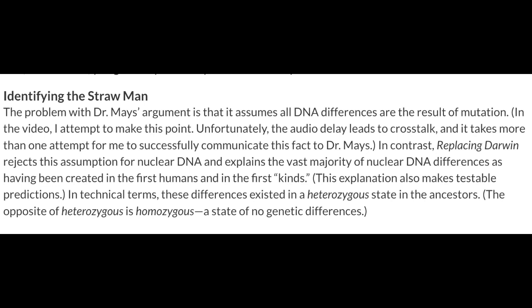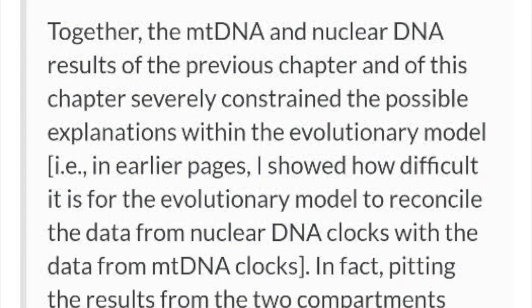The major difference between our view as creationists and, say, somebody like Dr. Herman Mays, who holds to the position of universal common ancestry, is that we explain the vast majority of nuclear DNA differences not by mutation, as Herman Mays would, but as pre-existing or created functional DNA differences. This created heterozygosity is a genetic difference between the models that has massive implications for the timing of the origin of species. And that's what this debate is about.